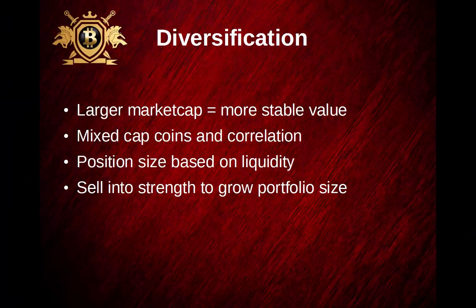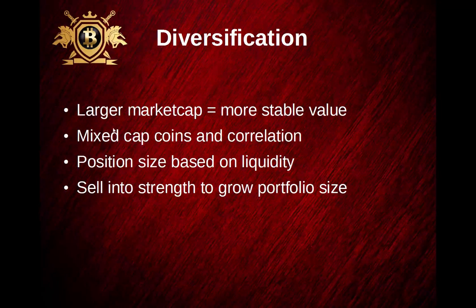Now, if you're going to create a crypto portfolio, you can hedge through diversification. So naturally, you don't necessarily want to put all your eggs in one basket. But when creating a crypto portfolio, it's generally better to have the majority of the portfolio with larger market cap coins, because coins that have a larger market cap, such as Bitcoin or Ethereum, tend to be a lot more stable in value, right?